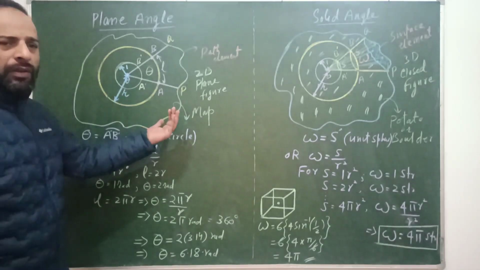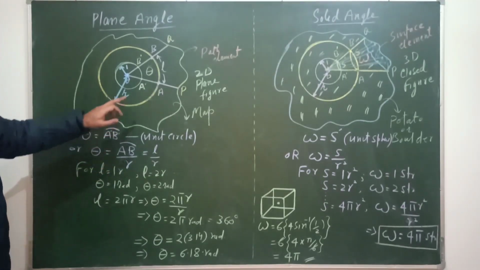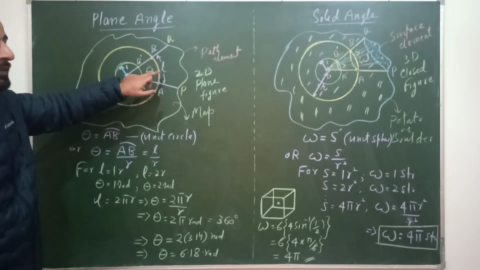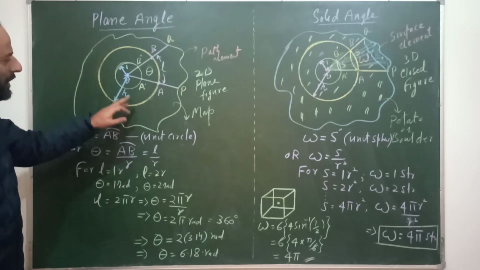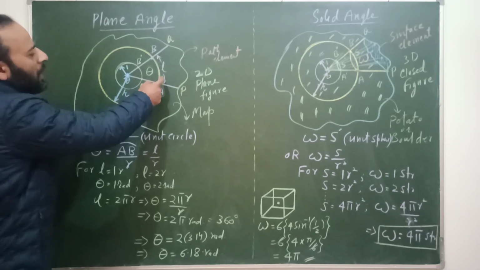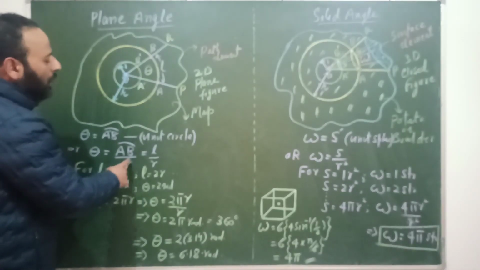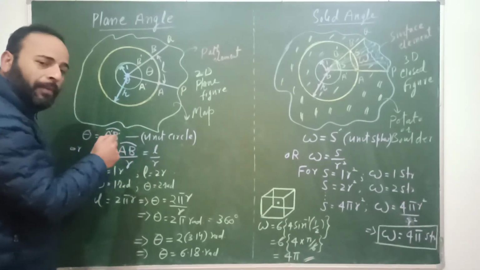But by definition, on any circle, theta is defined as the ratio of arc length intercepted to the radius of the circle. So on this circle of radius r, it is the arc length AB divided by r. So that is L divided by r.